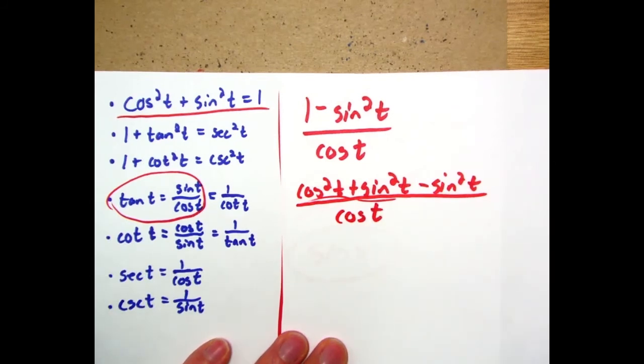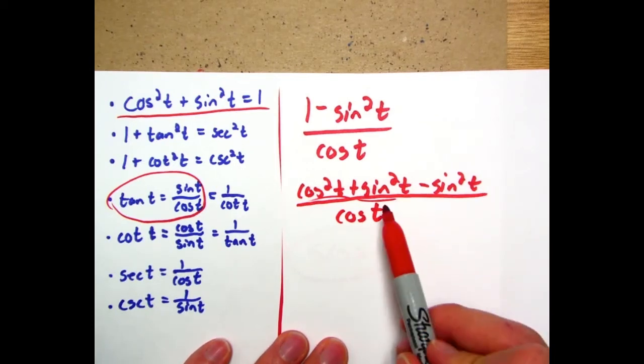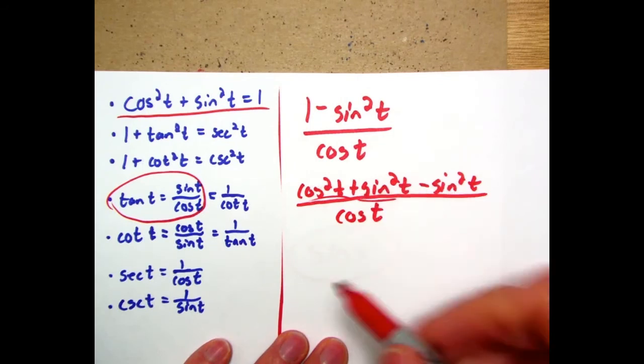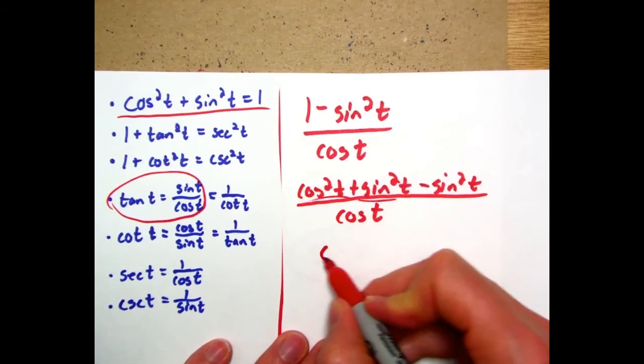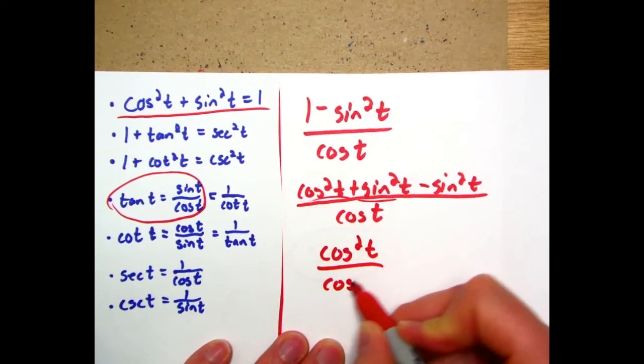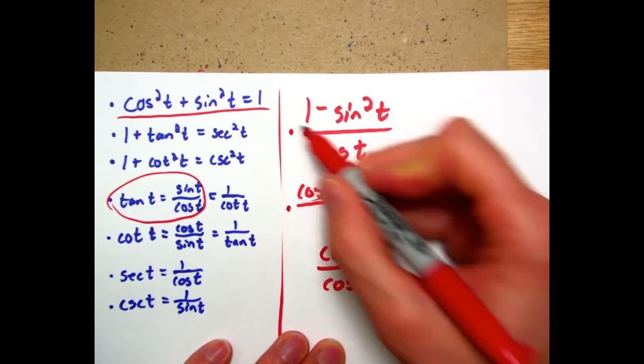Now you're probably like, listen, Mr. Wilkins, this is not simpler than it was before. And you're right, but I think you could probably tell right now the sine squared t minus sine squared t is going to be 0. So that's going to leave us with just cosine squared t in the top and a cosine of t in the bottom. All right, so 1 starting point, 1 step.